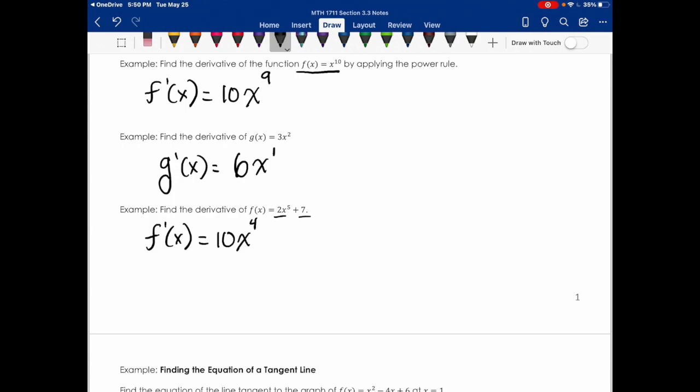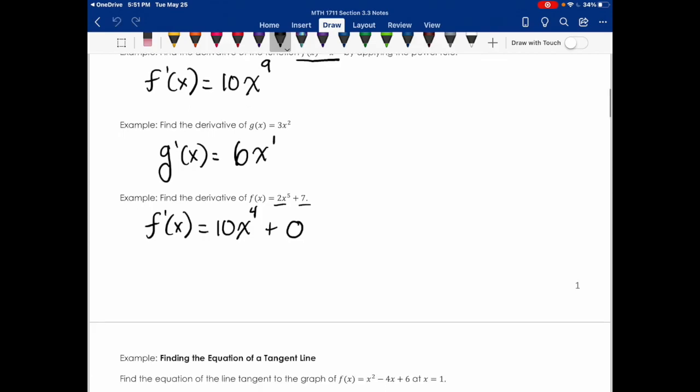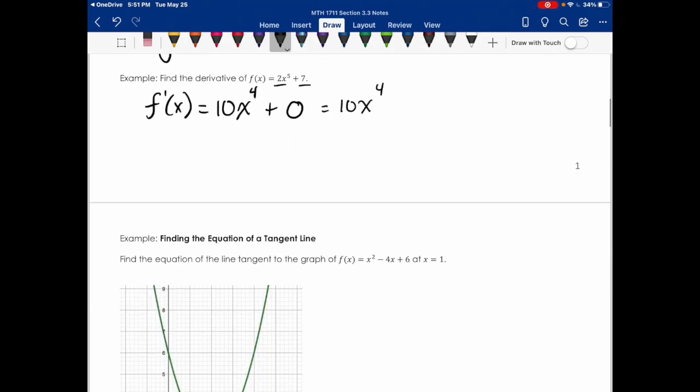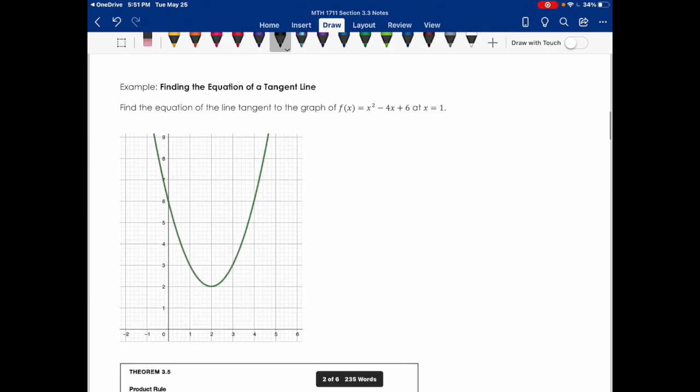So I bring the 5 down in front, which would give me a 10. Then I have x to the 4th because I decrease my exponent by 1. And then when I take the derivative of 7, that's just a constant, so that would be 0. And you don't have to write the 0 in there. You can just leave it as 10x to the 4th, which is totally fine.